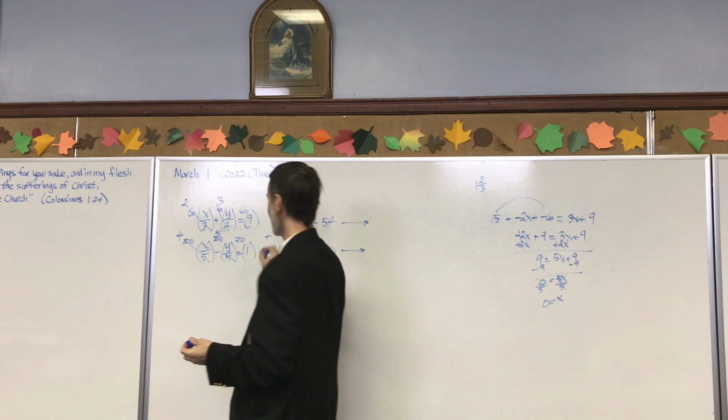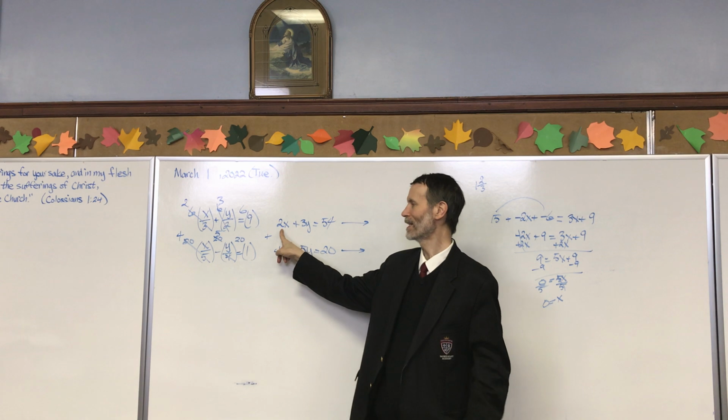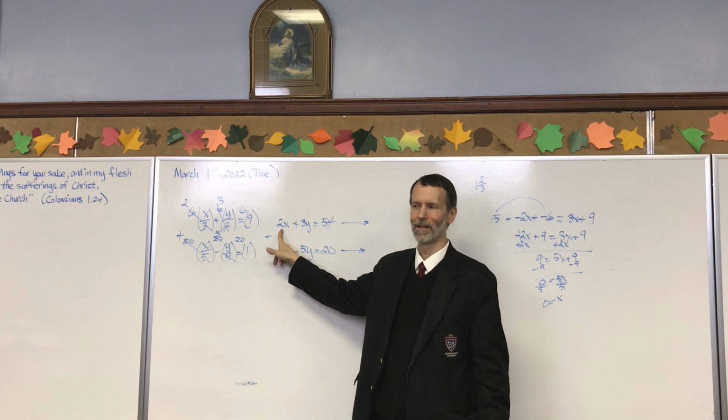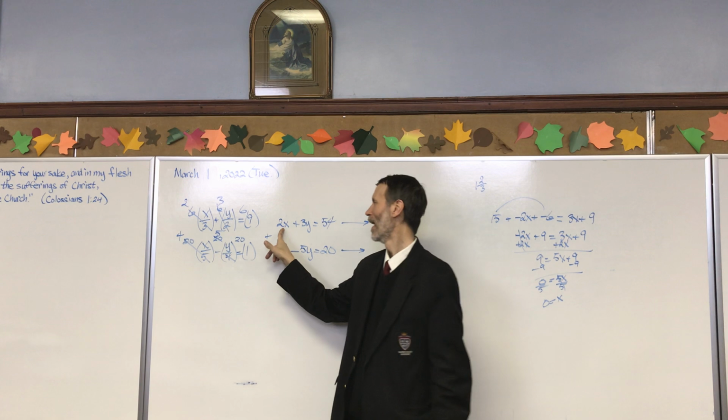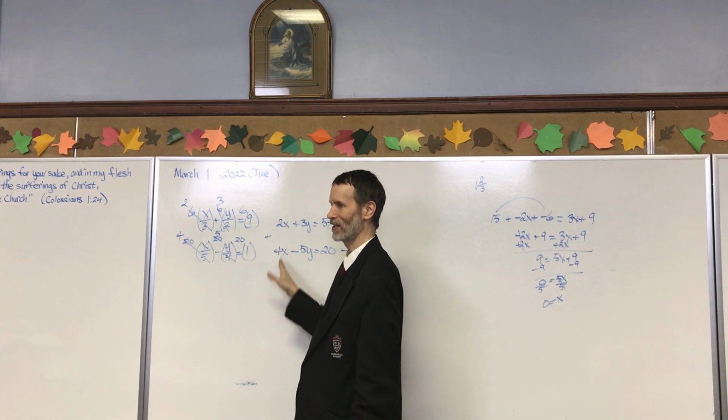Now what I'm trying to do is add these together and get them to cancel. How big does this have to be in order for that to be a fair fight? I want these to cancel each other.